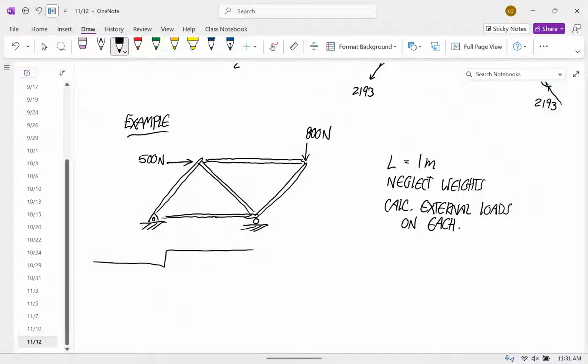But the most equations that we can have using the truss simplification is 2 at each joint. So 2, 4, 6, 8 is the most we can have. And probably we'll be able to skip one of those. I think we can figure out a way that we don't have to deal with the pin joint connected to the ground. So I think 6 is what we're going to get instead of 15.